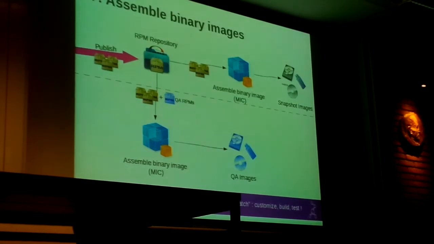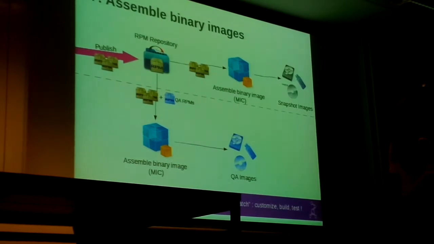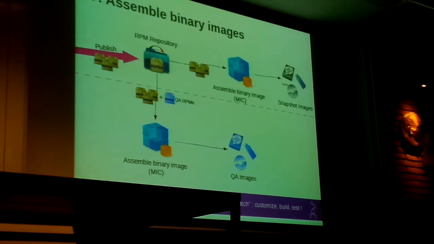And so I represented two kinds of images. In fact, you have the upstream images you can find on tizen.org, the snapshot images on the upper right. But for your own needs, perhaps you need to create different images with fewer packages or more packages, or I don't know.